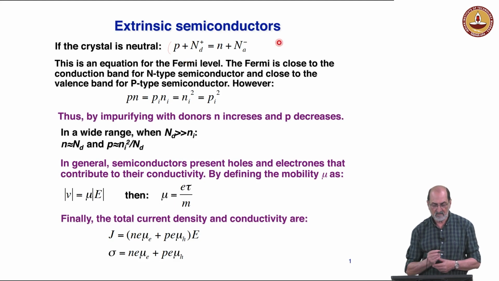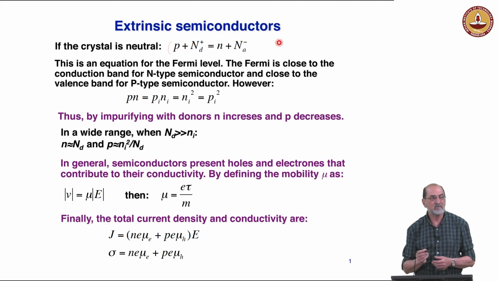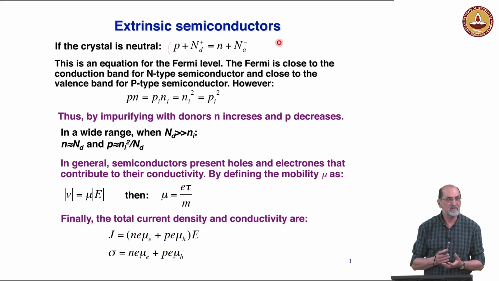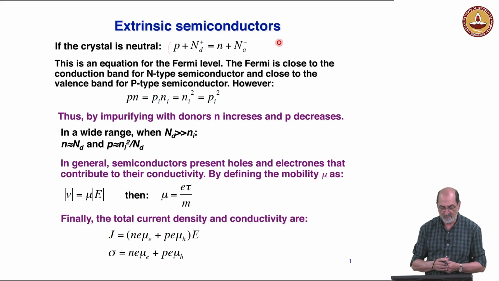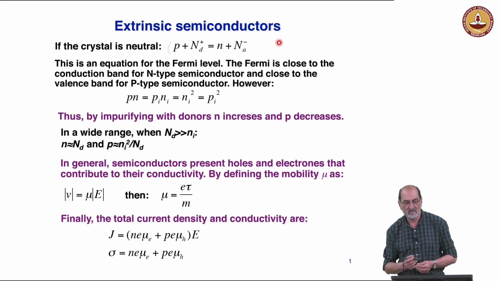And on the other side, we can have negative charge: electrons, which are carriers, and acceptor levels, which are fixed in the structure, which are the dopants we put into the structure. This is a general equation we have to satisfy if the crystal is neutral.